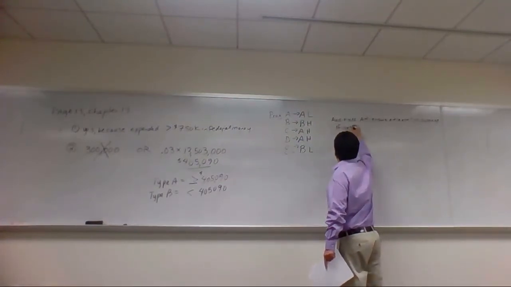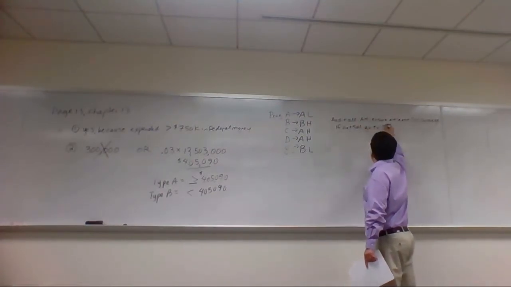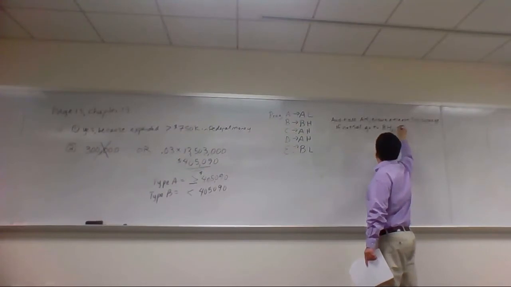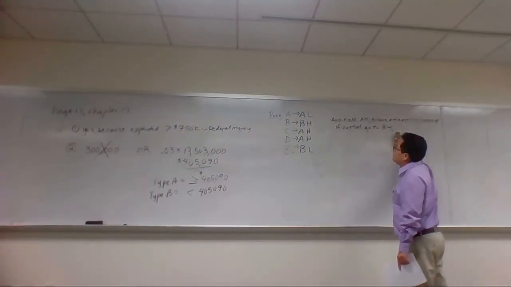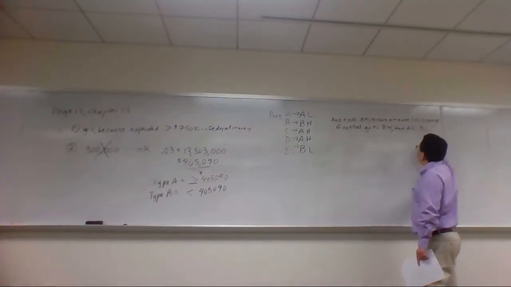If not 50%, go to B high, and then A low, B low.